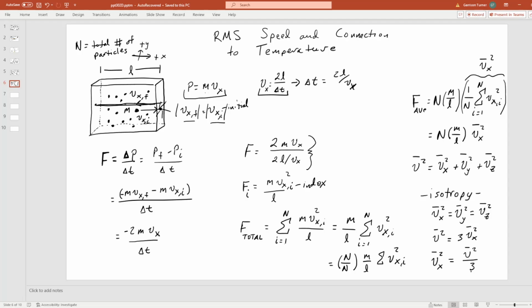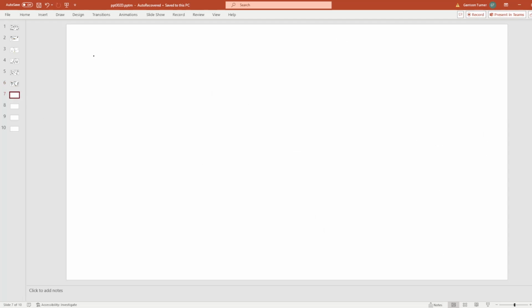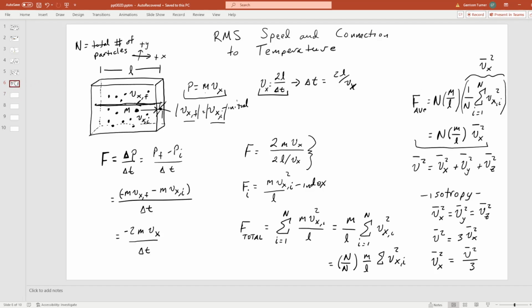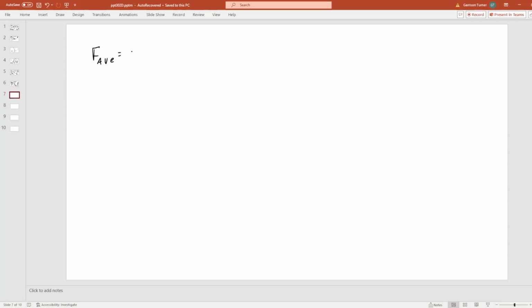And so, if we plug that into our average force equation, let's sum up where we are. Our average force is equal to N times m over L times vx squared on average. But we just said that vx squared average is equal to v squared average divided by 3.